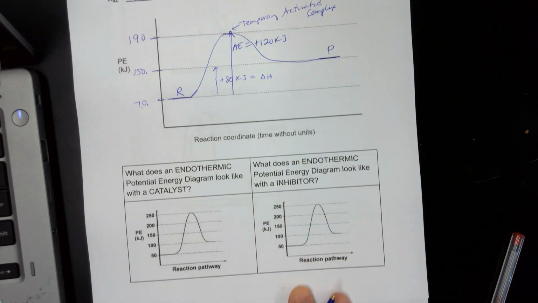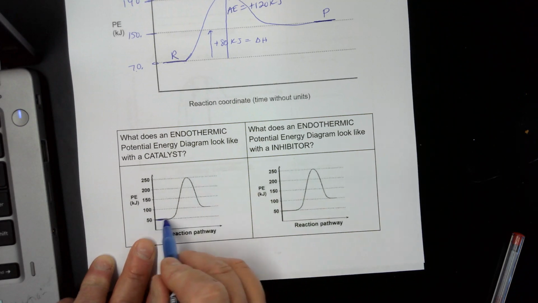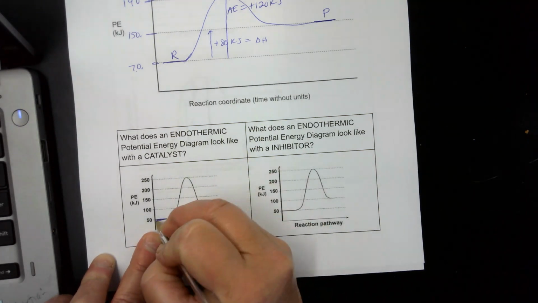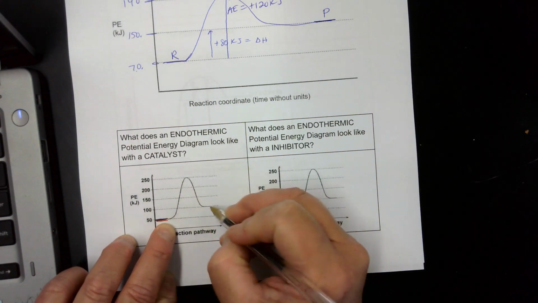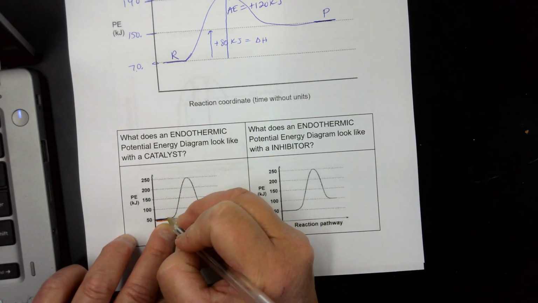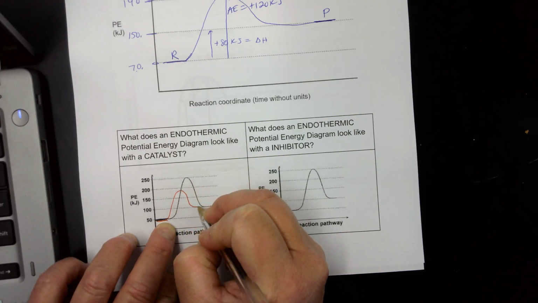So what then is the effect of a catalyst on an endothermic reaction? If we go from the reactants to the products, a catalyst will speed up a reaction. It's going to lower the activation energy, and it's going to get to the product sooner.